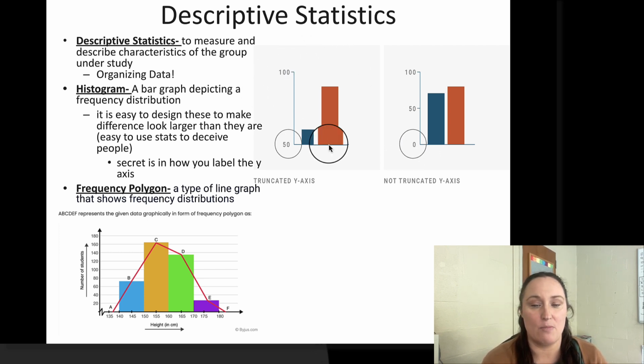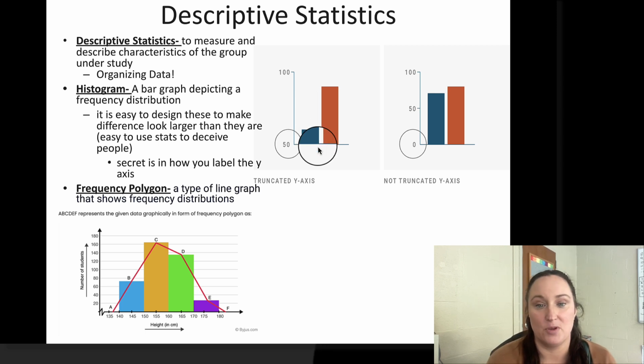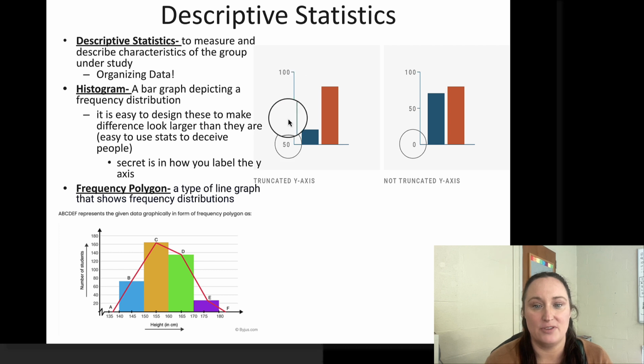Here's an example of how marketers might want to market their product. Let's say it's a hair growth company, and it says, look at our product here in this orange color, and look how much better we are than the competitor who's way down here. Well, if you look at that y-axis, you see it's not starting at 0.